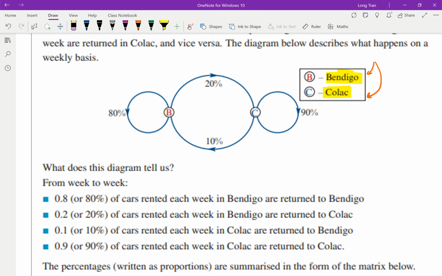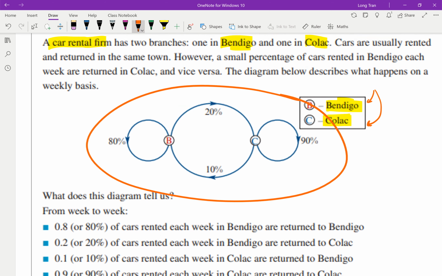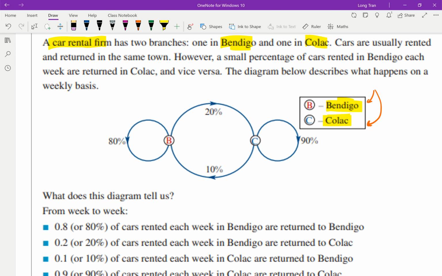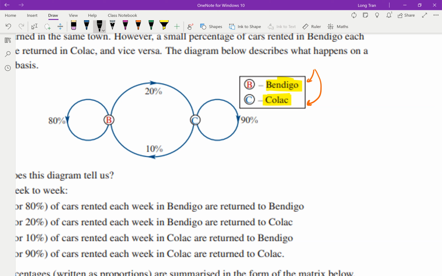So the first part is learning how to convey this information in a transition matrix. How do we start off? When you draw your transition matrix, the key part is how many states there are. There is Bendigo and there's also Colac, so it's a 2x2 matrix.